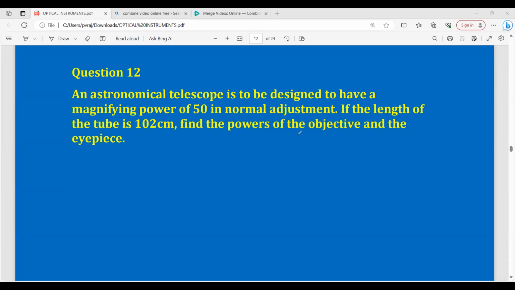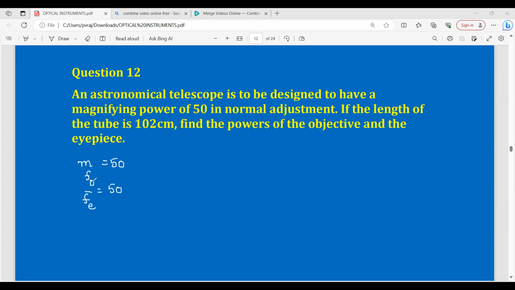A question on telescope only. An astronomical telescope is to be designed to have a magnifying power of 50. So what is the value of magnifying power given? M is given as 50. What is the general formula of magnifying power in case of an astronomical telescope? That is nothing but F objective by F eyepiece. That is given as 50.